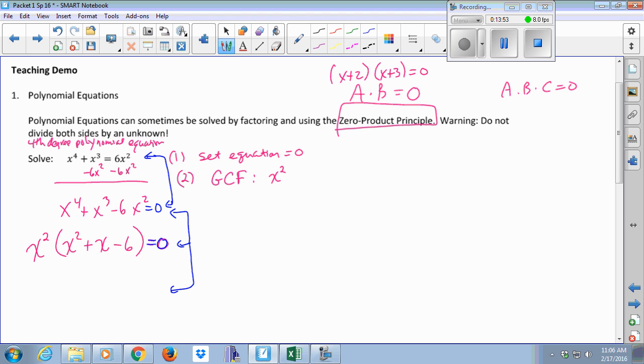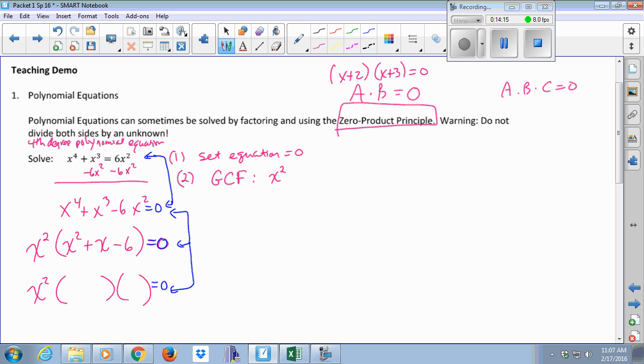And again, it's kind of hard to look at an addition and subtraction problem. So if you can rewrite that in the form you're used to writing as a product of two binomials, then you can factor that, and we can set all the three factors equal to 0. So here we're looking for factors of 6 that differ by 1.